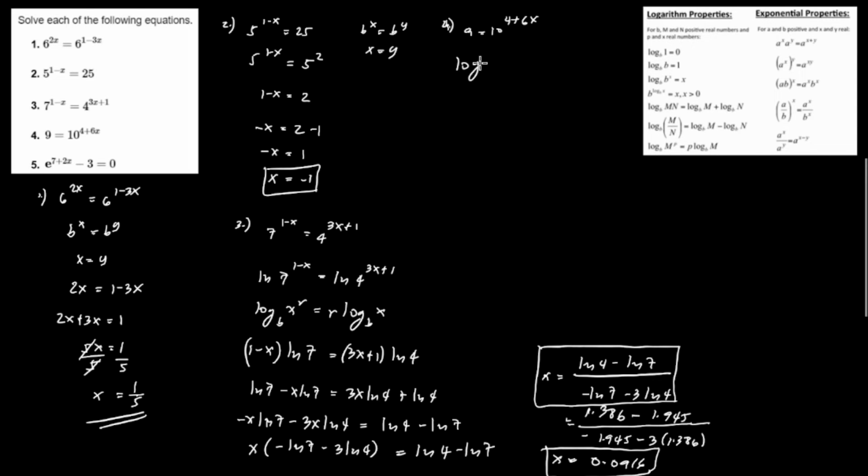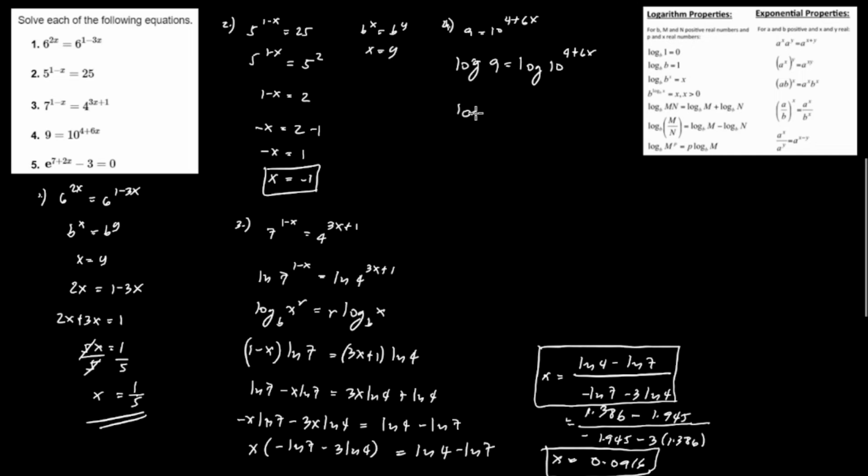So log of 9 is equal to log of 10 with exponent 4 plus 6x. In terms of logarithm properties, log of b with exponent x, with base 10 or b, is equal to x, which means the exponent is the value.